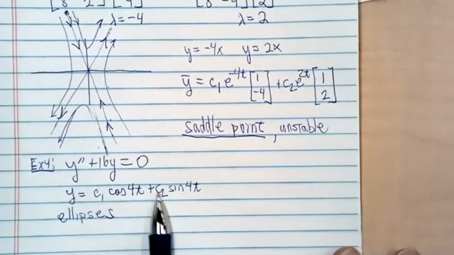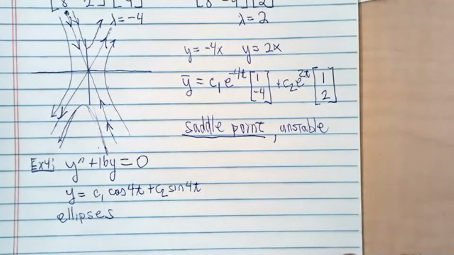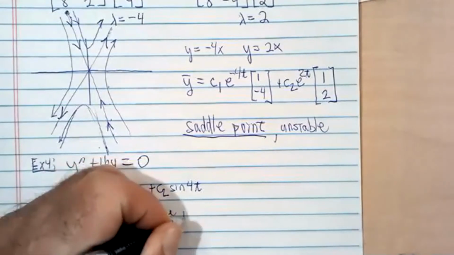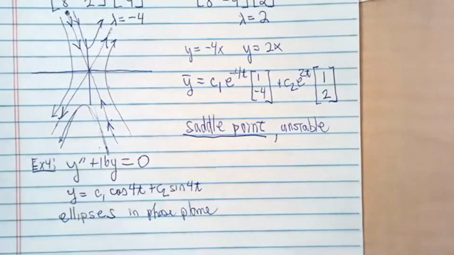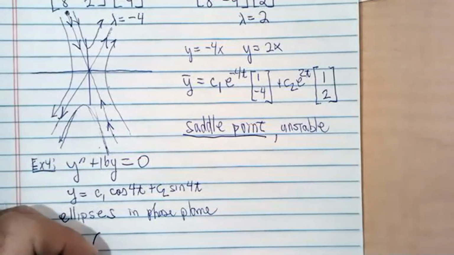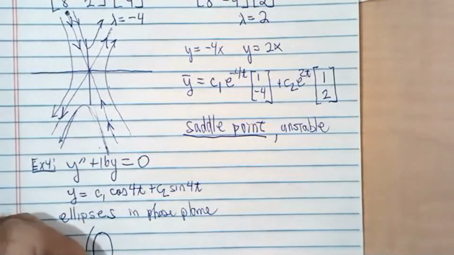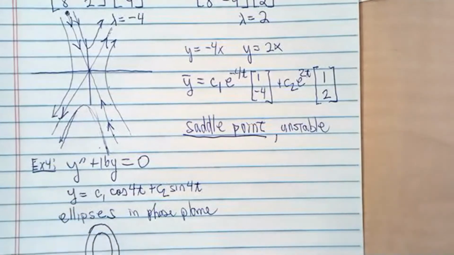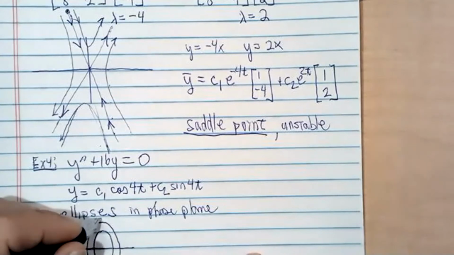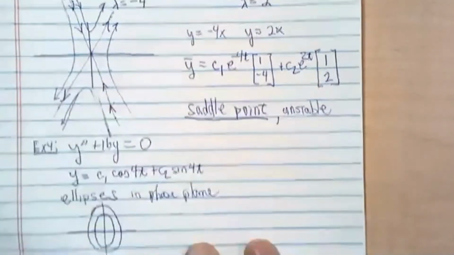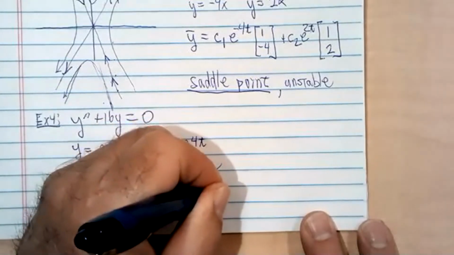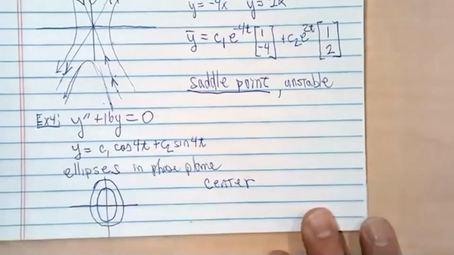I mean, in the phase plane, and you end up with graphs that look sort of like this. And I've forgotten which way they go. If I had my equations in front of me, I could tell. But this is an example of what's known as a center.